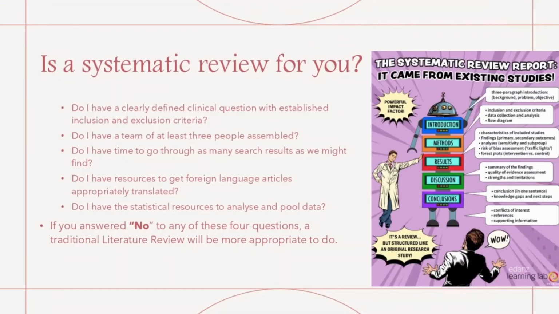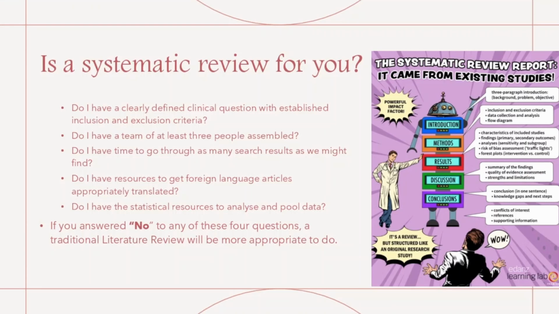So how can you decide if a systematic review is the type of review that you can actually perform and have published? You should answer all of these questions to decide if a systematic review is your article of choice or not. Do you have a clearly defined clinical question with established inclusion and exclusion criteria?